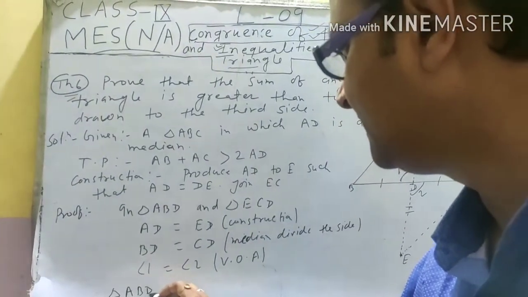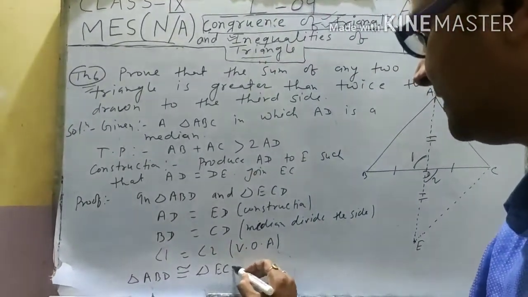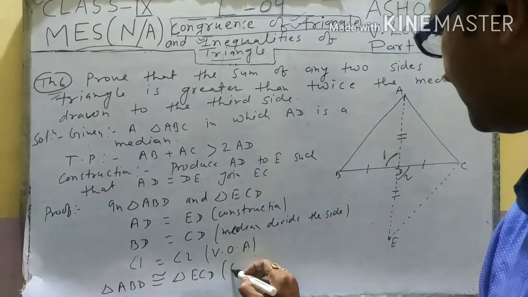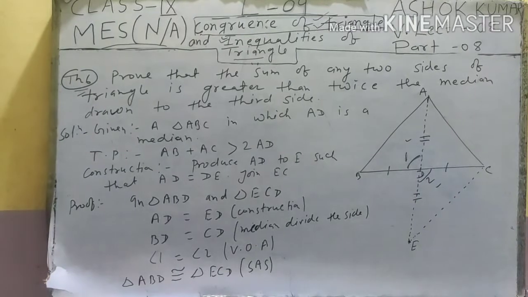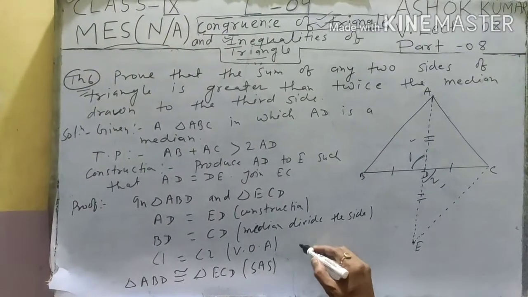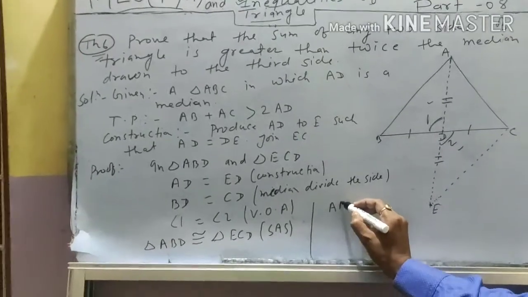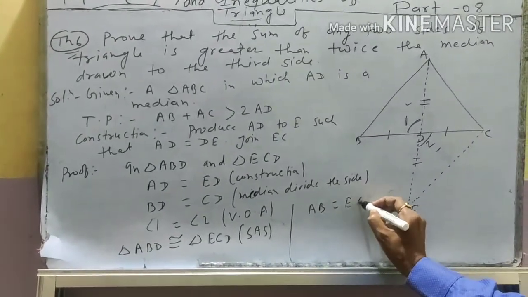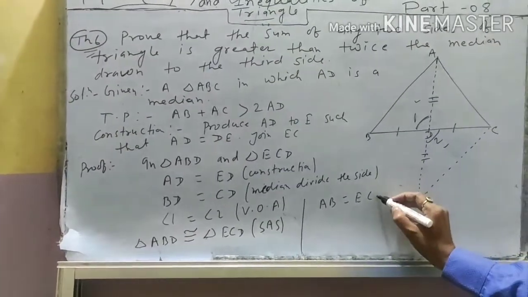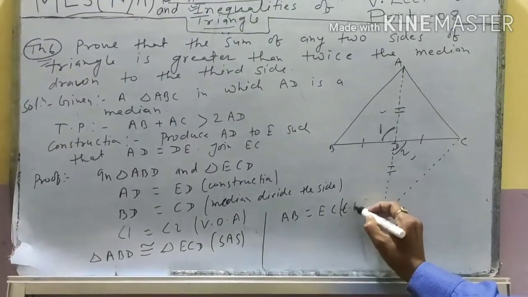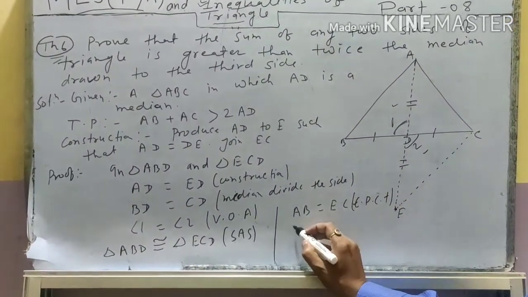So triangle ABD is congruent to triangle ECD. Reason is side angle side criteria. By CPCT we can write AB is equal to EC.